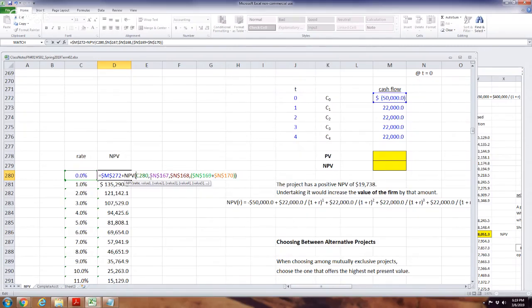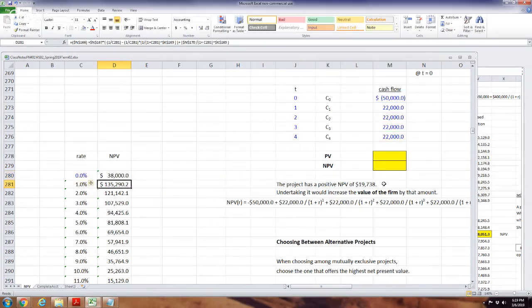You're good with that. Now these are all of these rates. This one, comma, this one, comma, this one, comma, and the last one. Okay, that's your NPV. And actually, what you want to do, you want to go back. You want to lock all these guys.